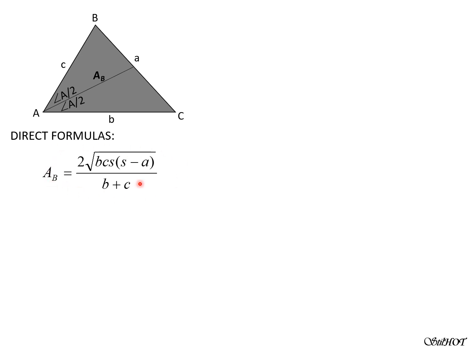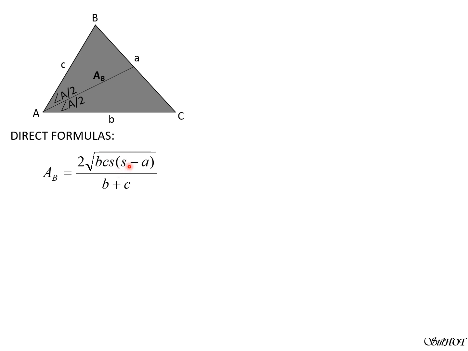But my mnemonic aid in memorizing this is, it is 2 square root of B C S, then it is S minus A, because the first two, take note that this is the angle bisector through A, and these sides here are adjacent to that angle bisector.